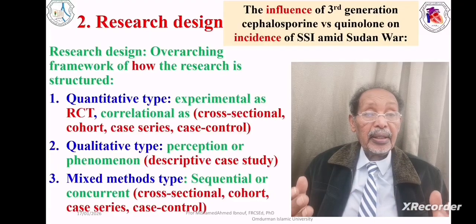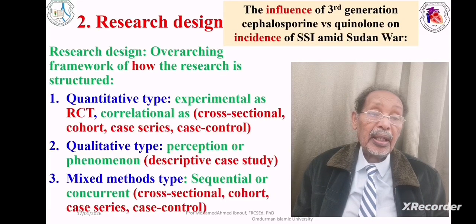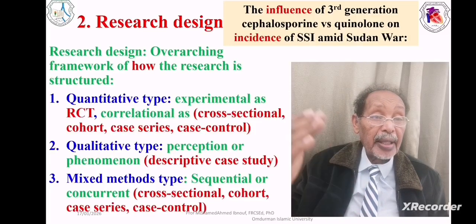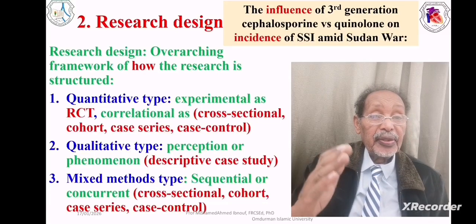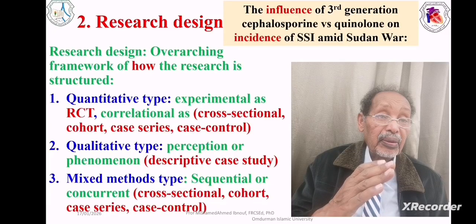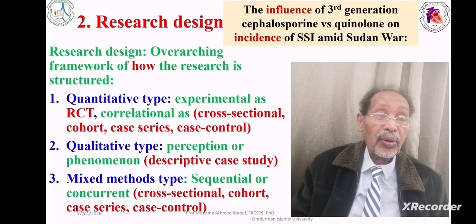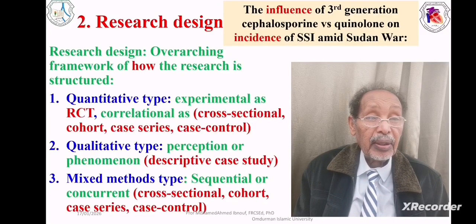So again, it follows the finer description of the word, finer eponym. And it is again composed of 2 parts of the research: the influence of third-generation cephalosporin and quinolone on incidence of surgical site infection. Here it seems to be a correlation.